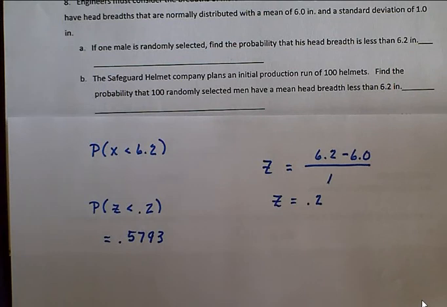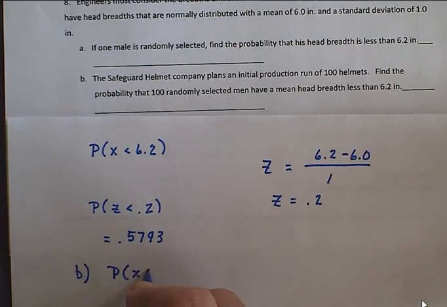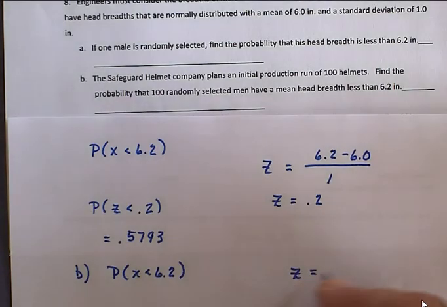So part B, again, the probability X is less than 6.2. My z-score is 6.2 minus 6.0 over 1 divided by the square root of 100, which is 10.